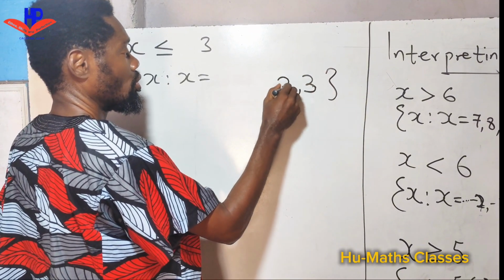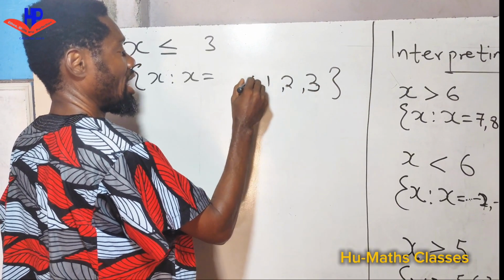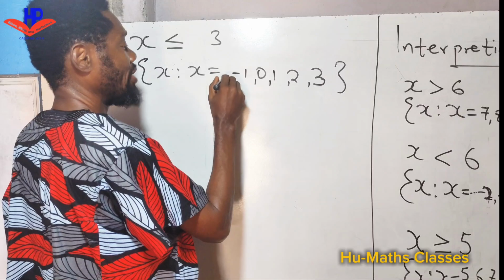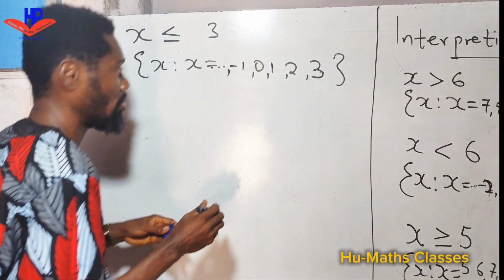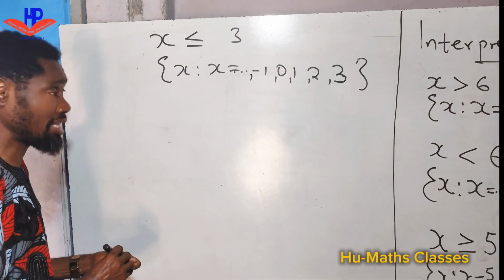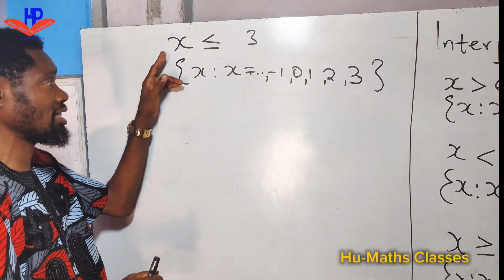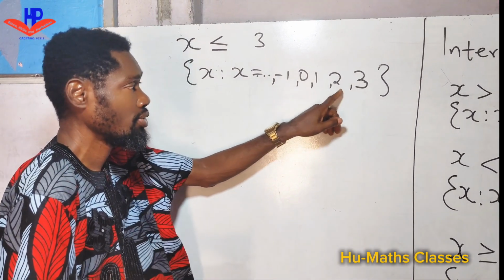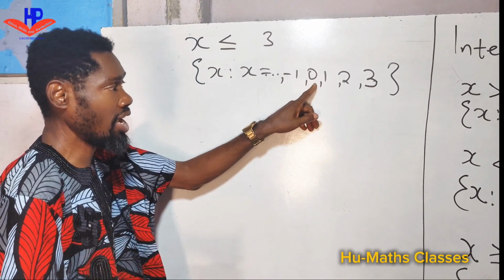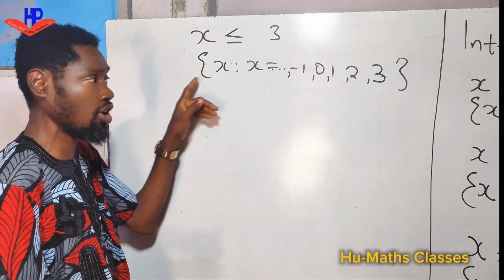We have 2, we have 1, we have 0, we have all the negative numbers that follow. We cannot exhaust all. So numbers less than or equal to 3 will start from 3, 2, 1, 0, and all the negative numbers.